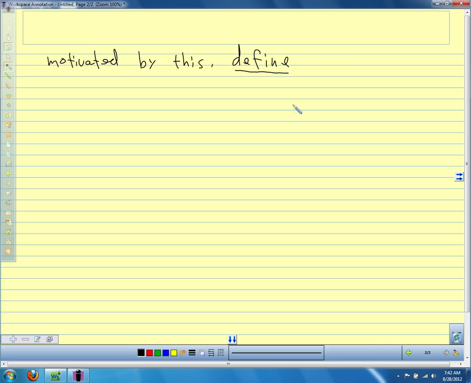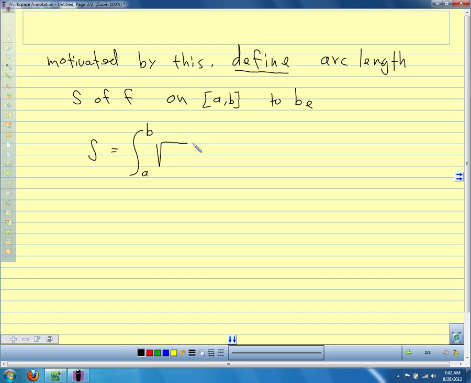Define the arc length S of f on some interval to be S is the integral from a to b of the square root of 1 plus f prime of x squared dx.